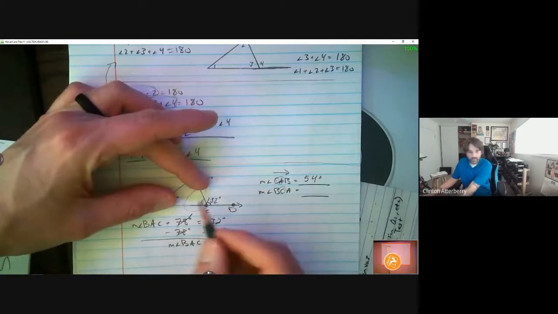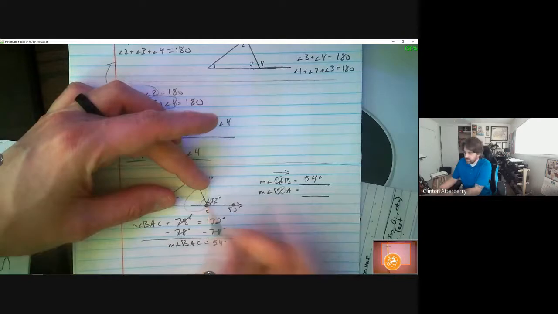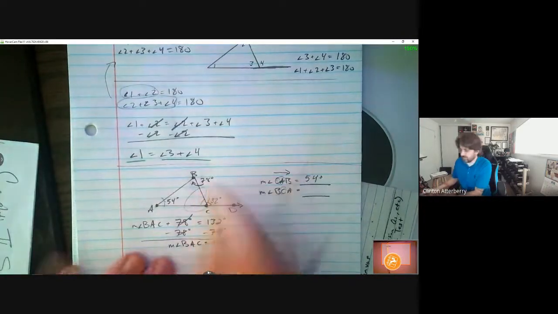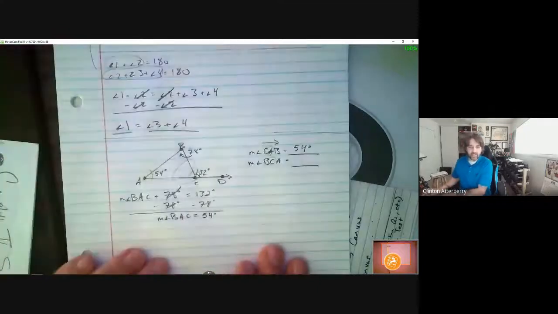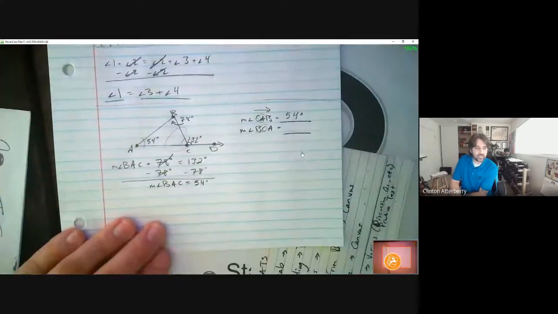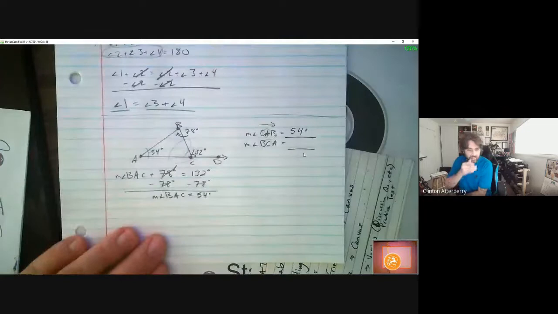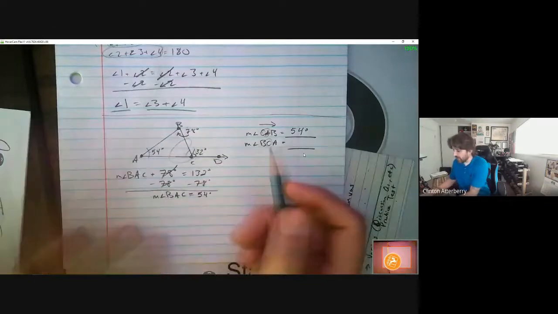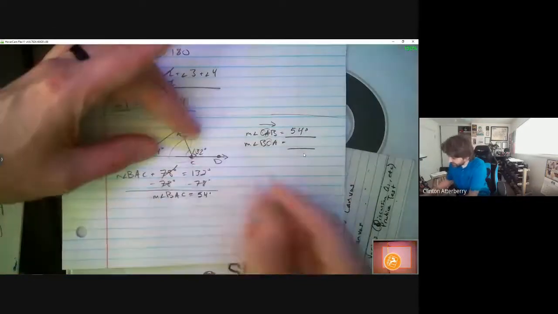I'm thinking since that's less pieces of information, only two angles versus three angles, it might lead to less mistakes. Usually I like to use strategies that generally lead to less mistakes. From my personal experience, the fewer pieces you use, the fewer mistakes. So I'm going to look at this and I'm going to say BCA.